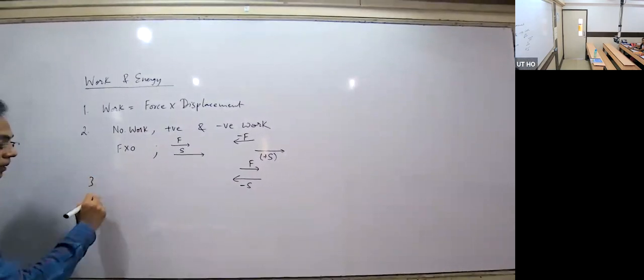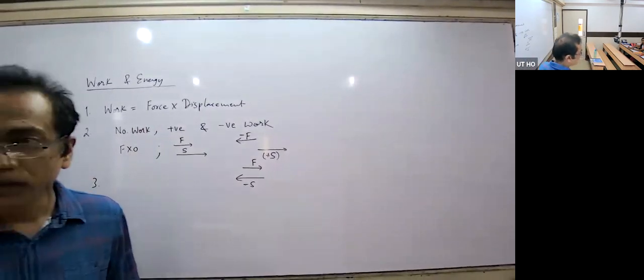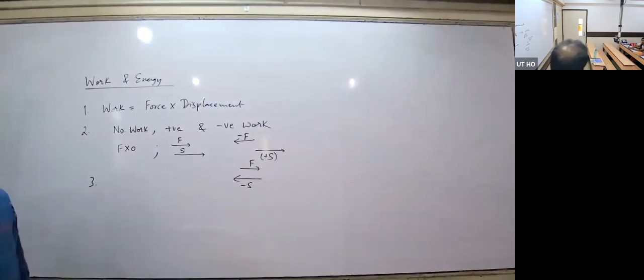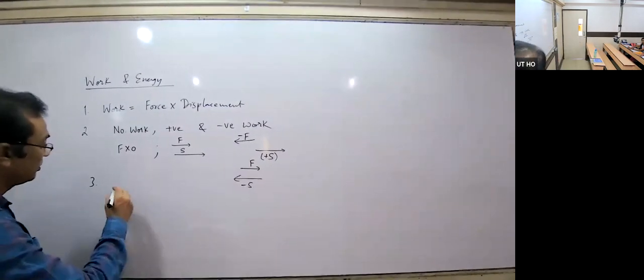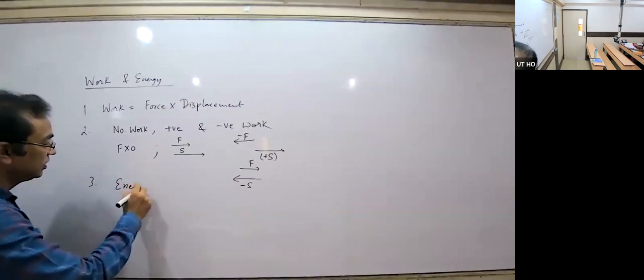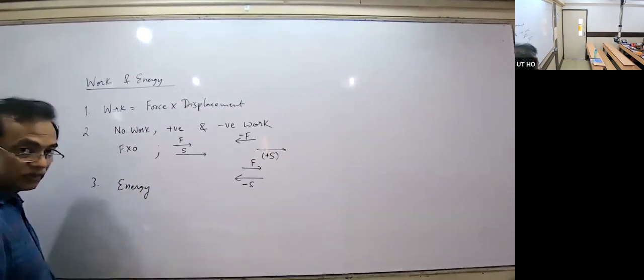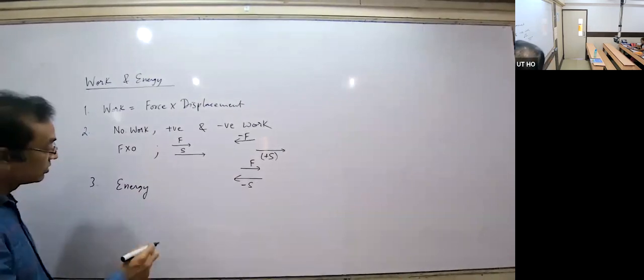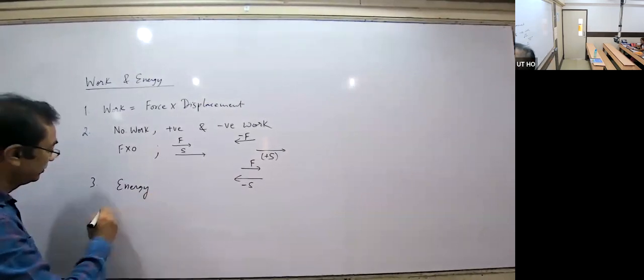Third, we also defined energy. What is energy? Yes, capacity or ability to do work is energy. Right? Then we did types of energy. So what are the main types of energy?